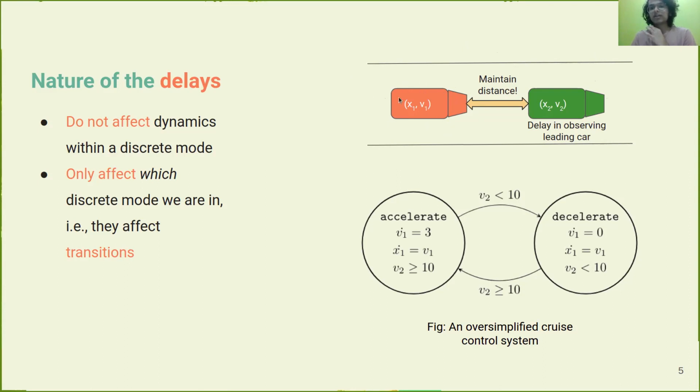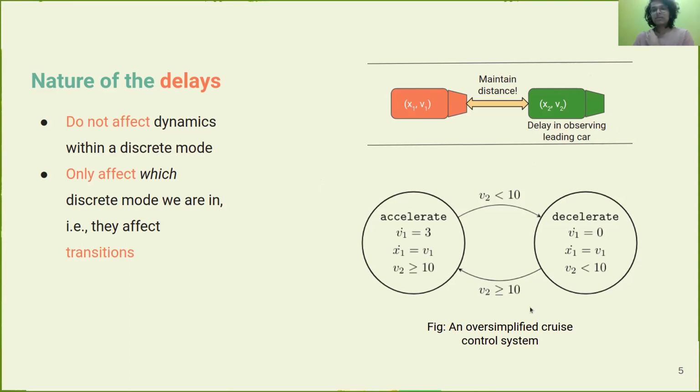The orange car needs to be controlled so that it maintains minimum distance from the leading green car, and we want to ensure that by observing the velocity and the position of the leading car, we are able to avoid the orange car from colliding with the green car.